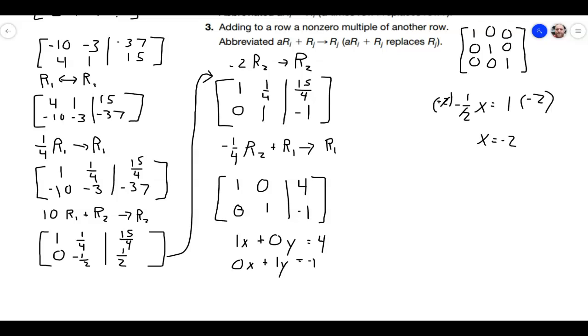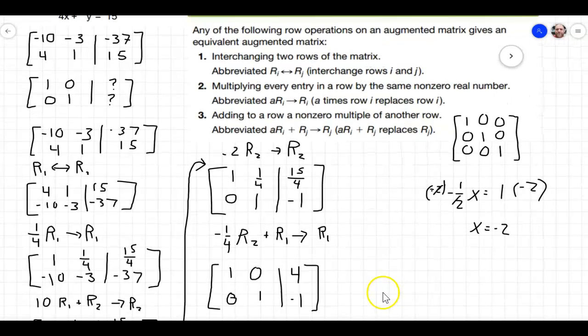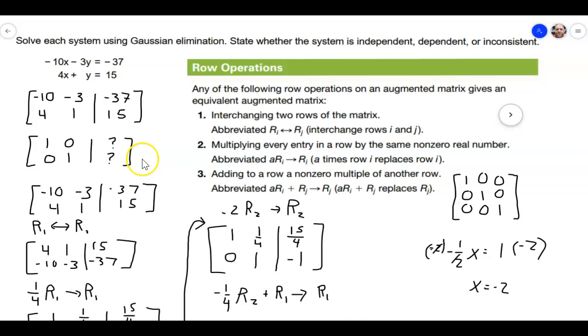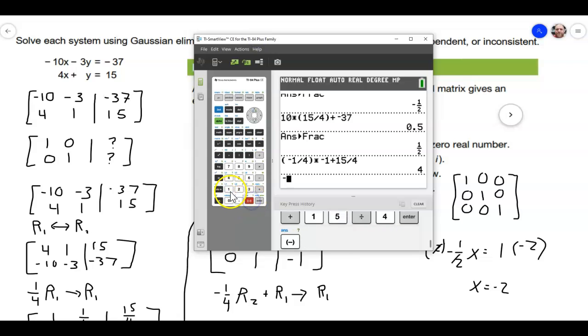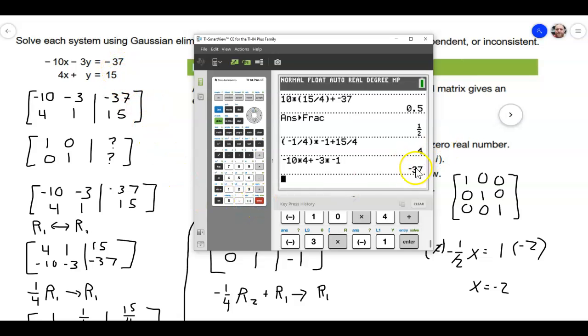And lastly, I just want to check it. So 4 and negative 1. Let's use our calculator. So for the first equation, if I do negative 10 times 4 plus negative 3 times negative 1, I should get a negative 37 there. And I do.